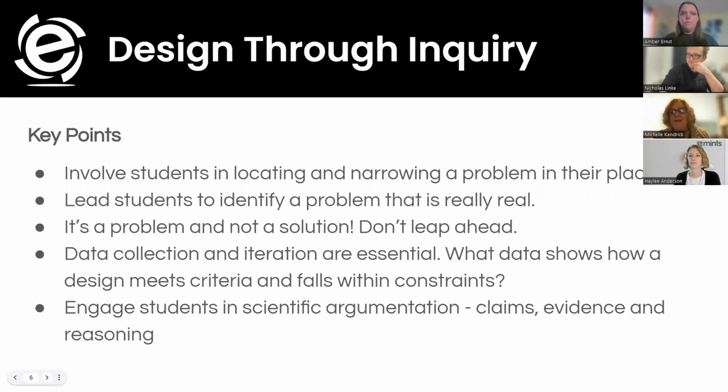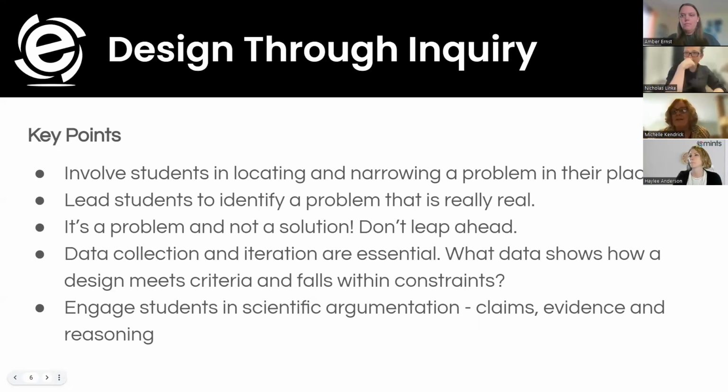And we're doing that in a place-based approach, which means we're having students identify problems that they, in their world, in their school community, and in their city or town or outside community. And we want them to do problems that are really real and really real to them. A few key things as you go through a design process is to remember you've got to grapple with a problem. You don't jump immediately to a solution.